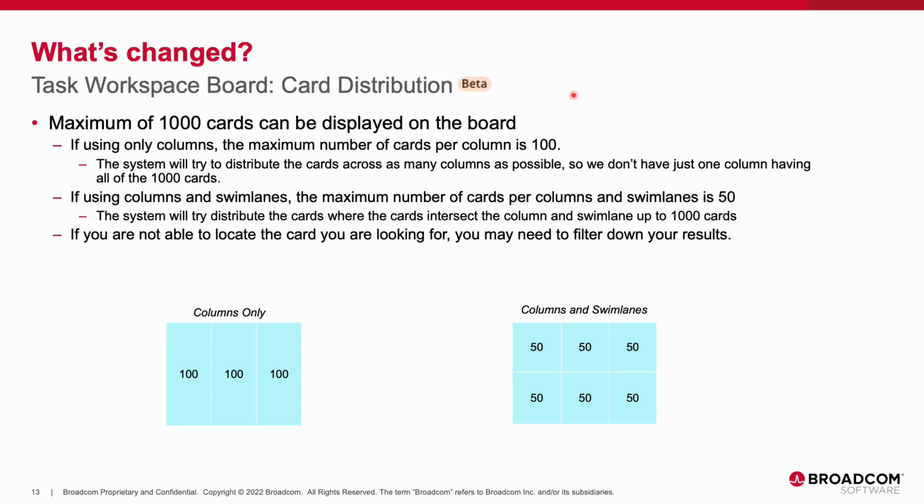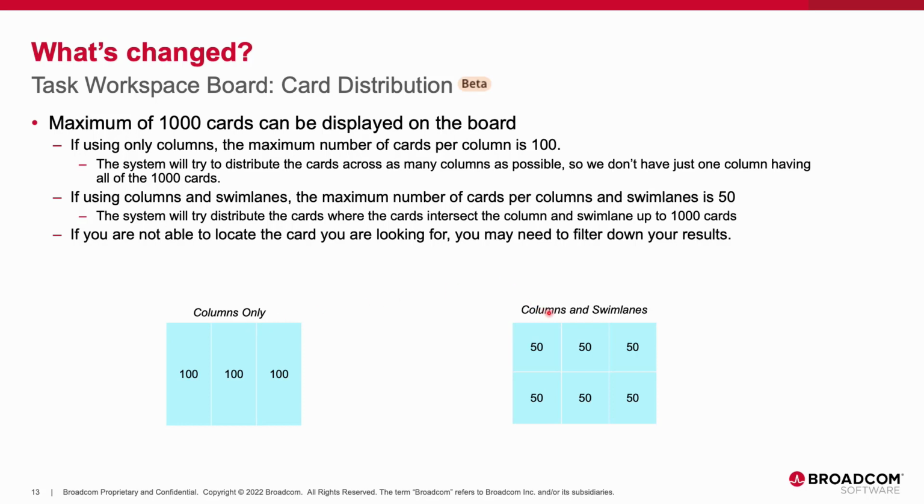So here's some of the logic. If you're using just columns only within the board, we show a maximum of 1,000 cards in a particular column. So we'll try to distribute that most appropriately within the board.